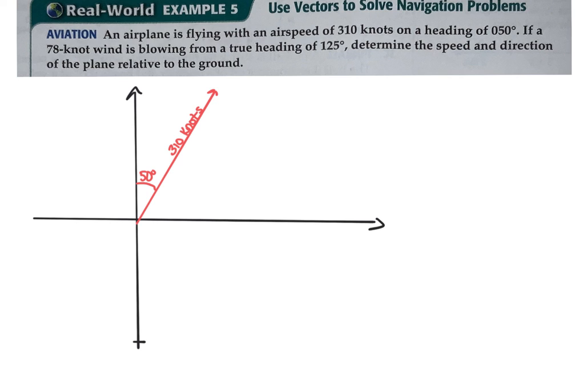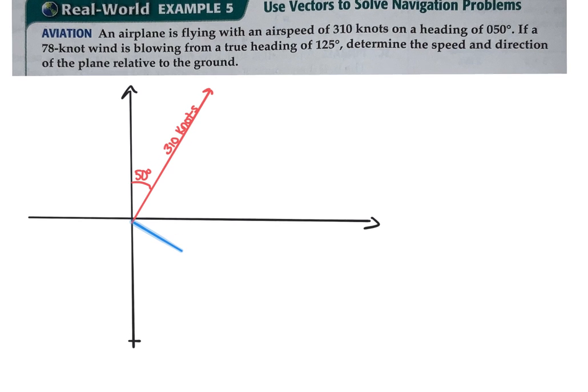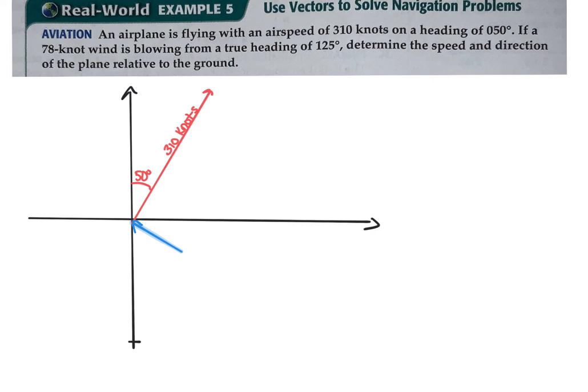And it's actually going to do something like this. So we're going to have my wind, and it's blowing how fast? 78 knots. And this one, because of how it is doing here, this is 78 knots. Now, in this case, they slid this guy around, which you can do.